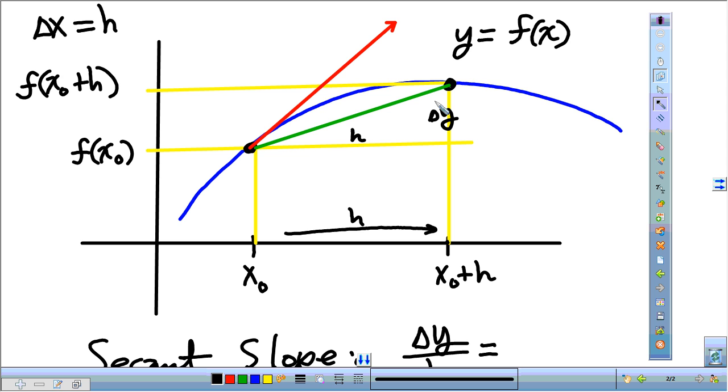So in this picture, maybe not such a good approximation, but the idea is to move the point by making h smaller, and then we end up closer and the secant line is a better approximation in its slope to the tangential direction.